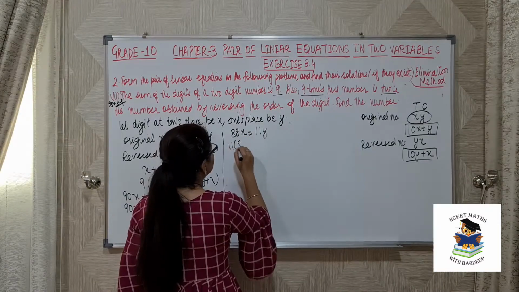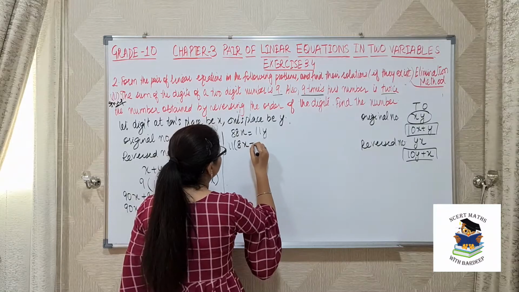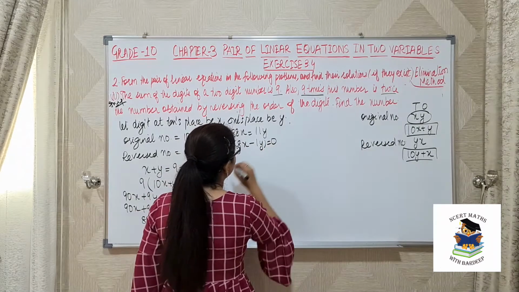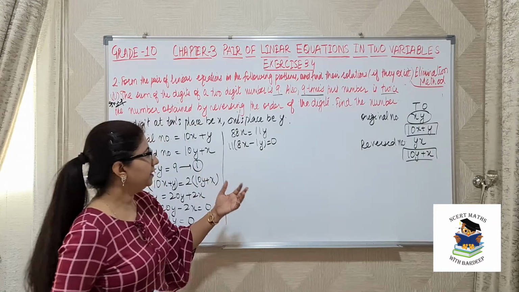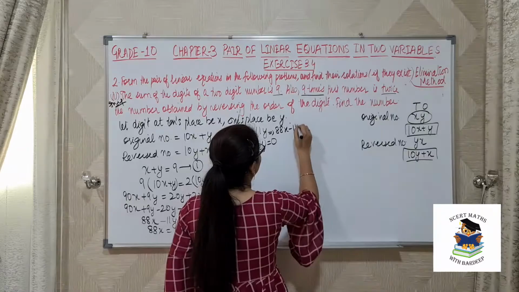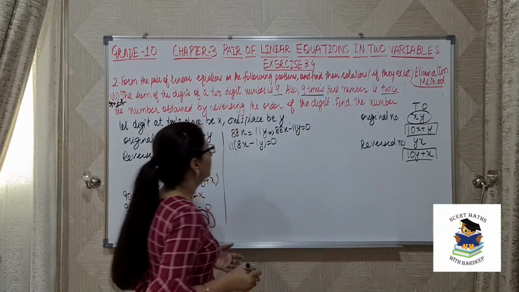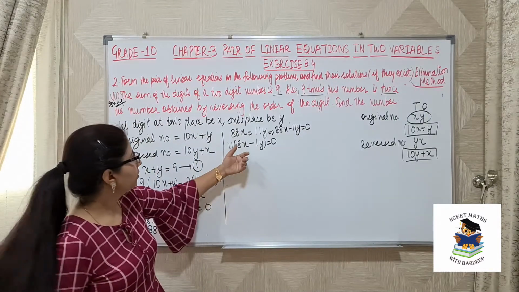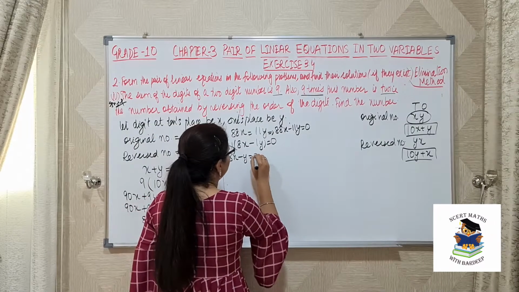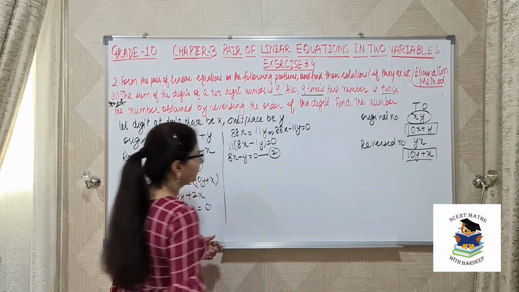Let's do it like this: 88x minus 11y equals 0. So take 11 common. So 8x minus y equals 0 is our second equation.